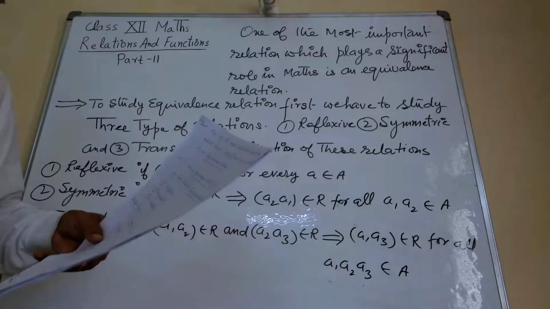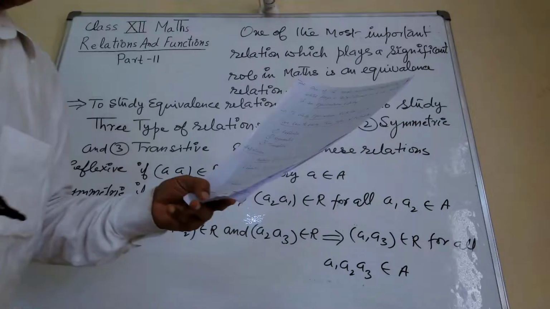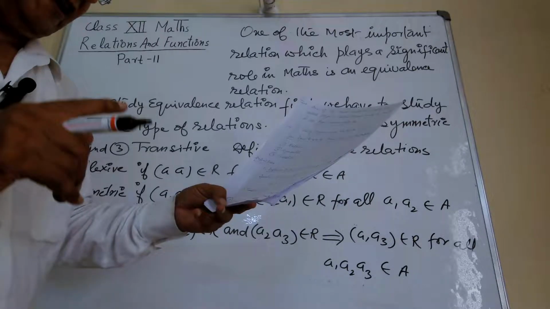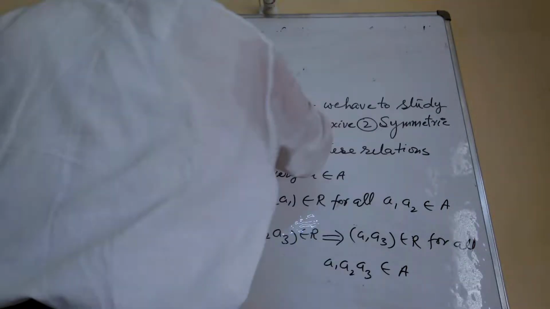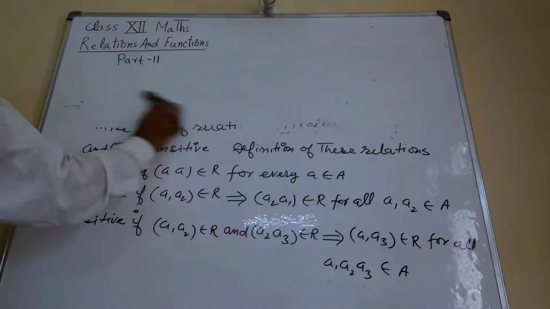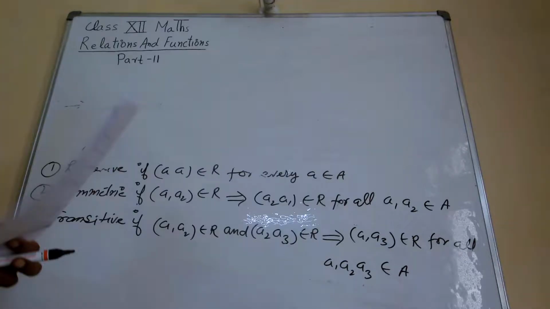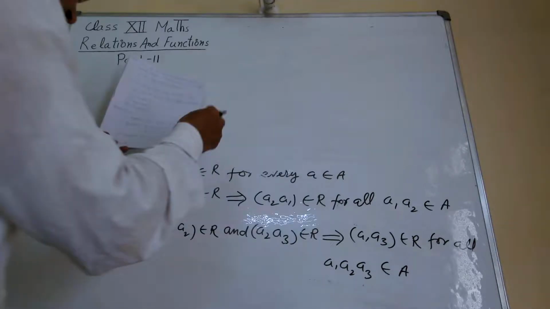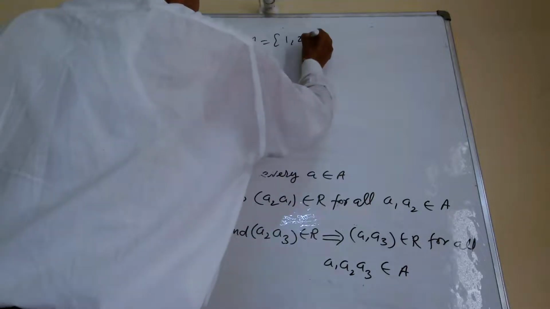I am going to make you understand with the help of an example. I am taking an example. A is equal to {1, 2, 3}.